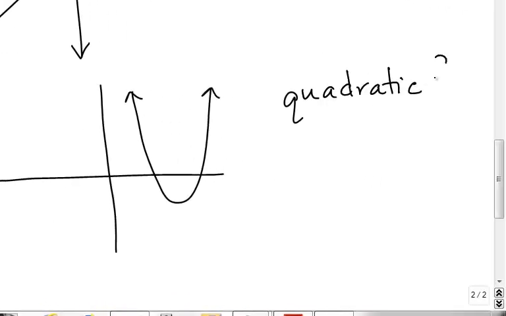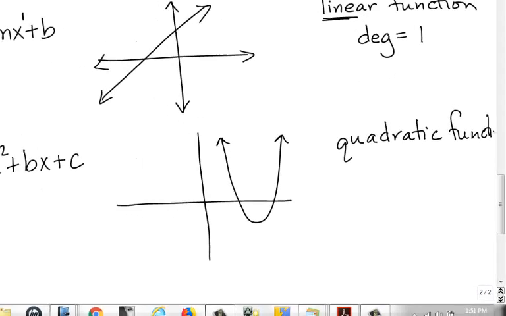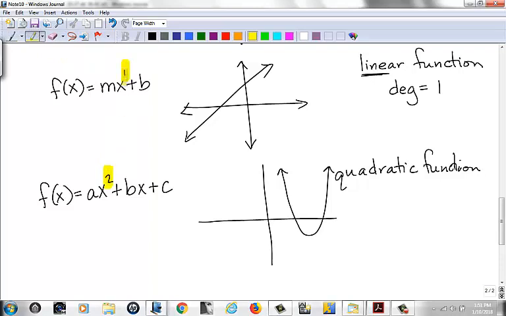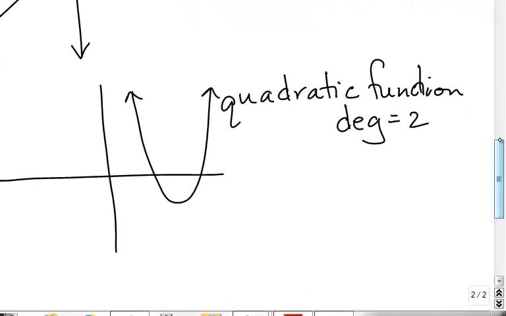If that highest exponent is a 2, okay, then it's a quadratic function. So you're really looking at these exponents. Okay, so the degree would be 2. It's a y to the first and an x squared. It's going to graph a parabola.